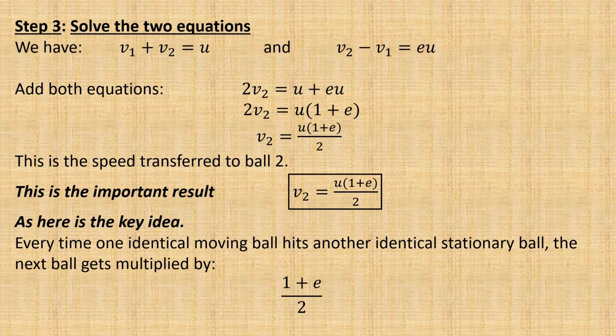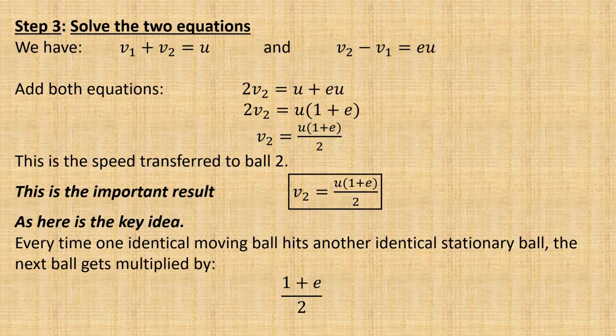Now we solve these two equations simultaneously, and after adding them together we get 2v2 is equal to u plus Eu, that is 2v2 is equal to u into 1 plus E, and v2 is equal to u times (1 plus E) upon 2.